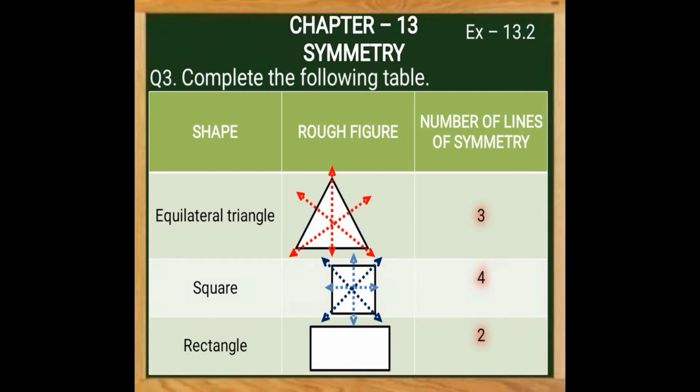Let us move to the rectangle, another shape of ours. So the rectangle has 2 lines of symmetry, a vertical line of symmetry and a horizontal line of symmetry. Let's work further with the other part of the same table on the next screen.